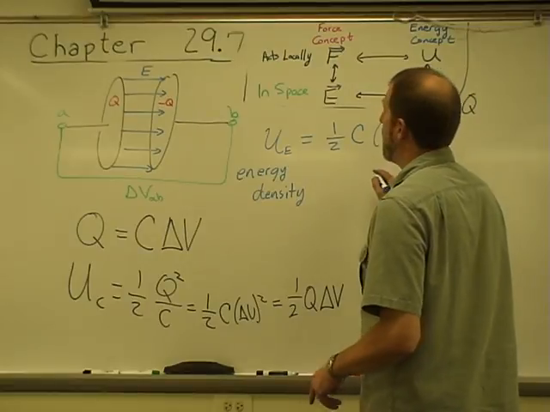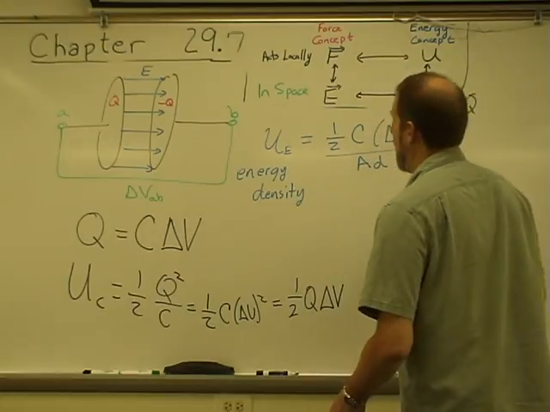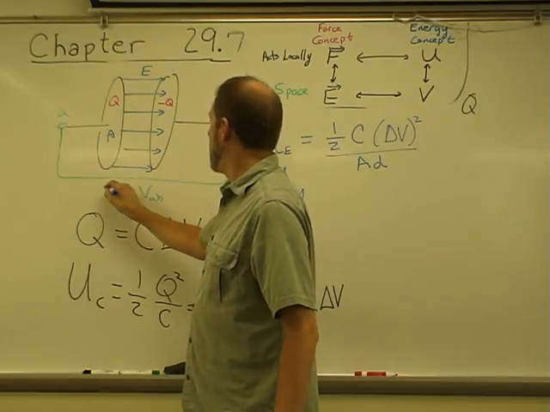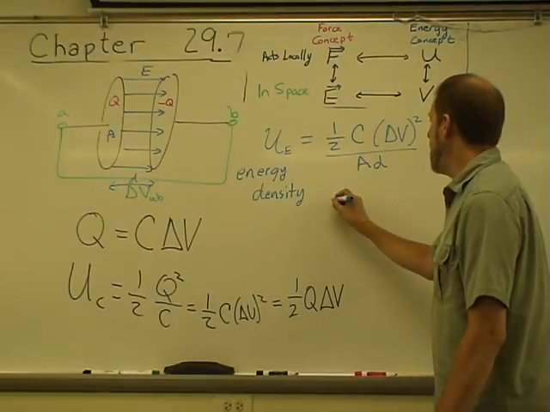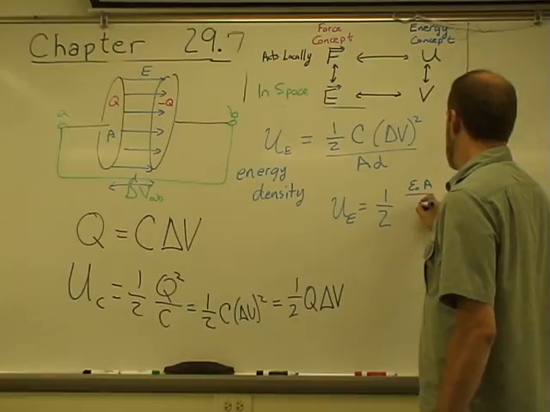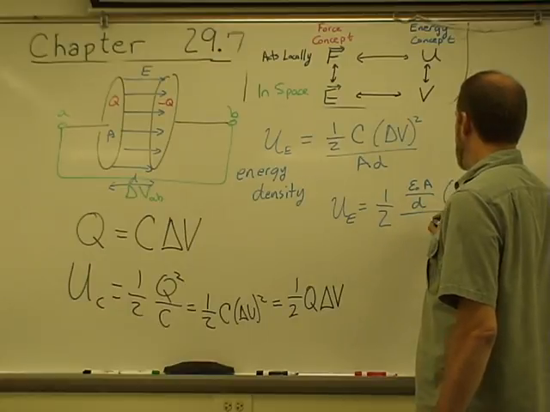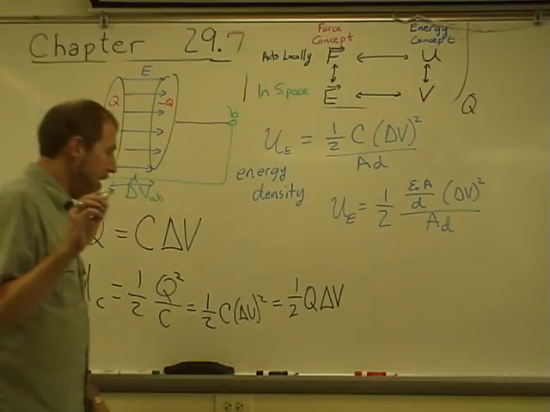delta V squared divided by the volume, A times D, if this has cross-sectional area A and separation D, and I've got the capacitance as epsilon naught A over D times delta V squared.